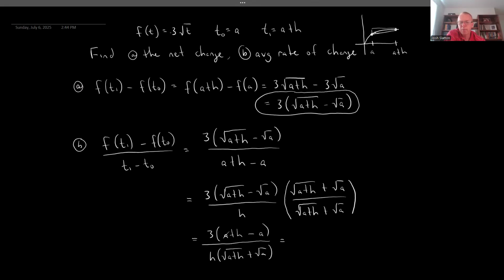The a's will cancel. And then we have 3h over that denominator. And so now we can see that the h's will cancel, and we get our final answer, 3 over square root of a plus h plus square root of a.